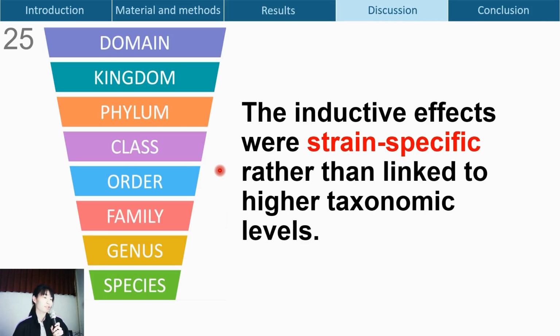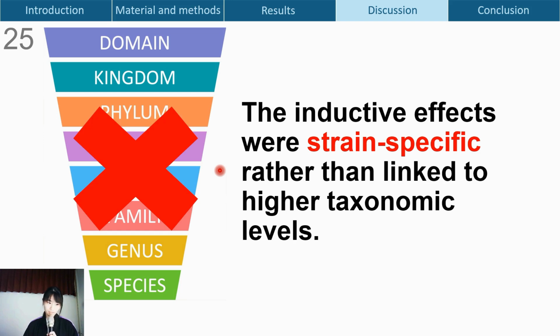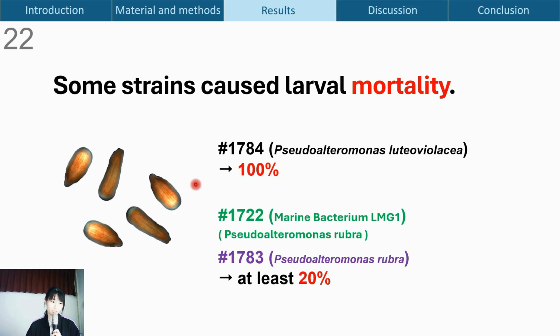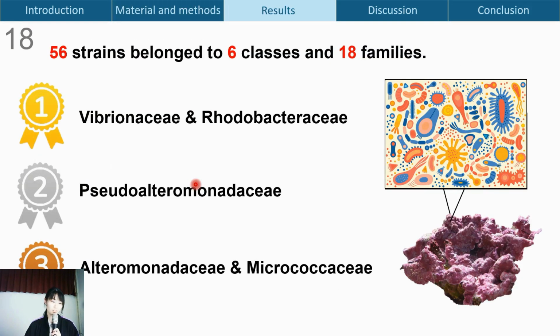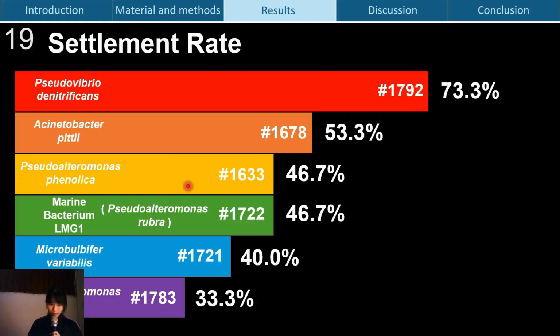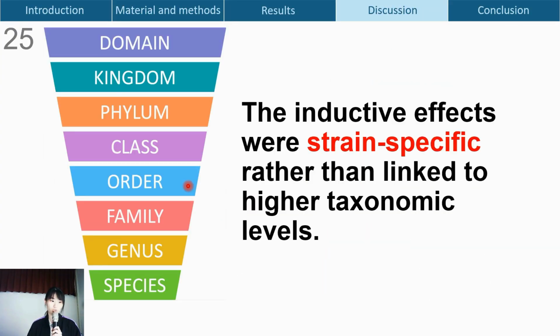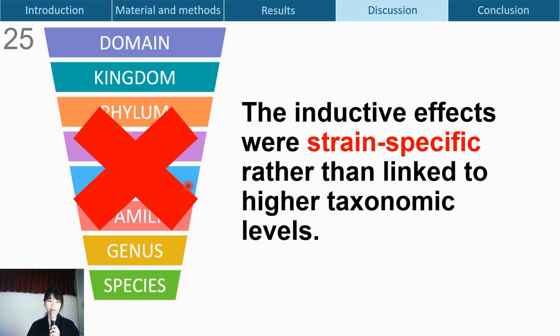And this, in the discussion, the inductive effects were strain specific rather than linked to higher taxonomic levels. This means, although we just mentioned this family, it doesn't mean all the members of the family show this; the other members of that family show no settlement rate.